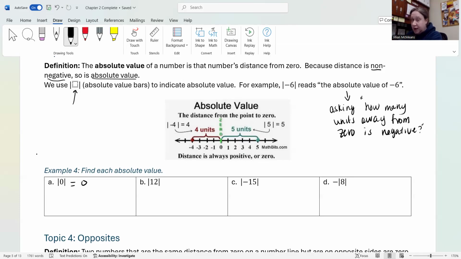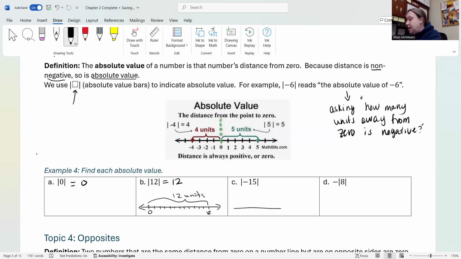Using a number line, just so you really understand what's happening, we have 0 and 1, 2, 3, 4, 5, 6, 7, 8, 9, 10, 11, 12. So you can see here that 12 is 12 units away from zero. Yes, it happens to be 12 units to the right, but we're just interested in those 12 units. So the absolute value of 12 is 12.